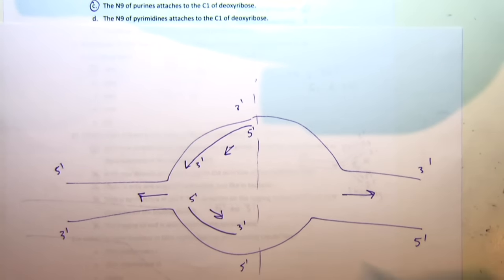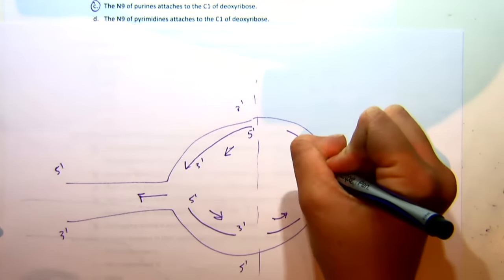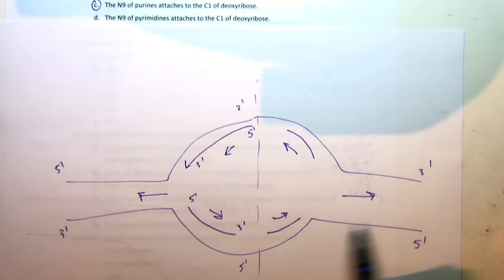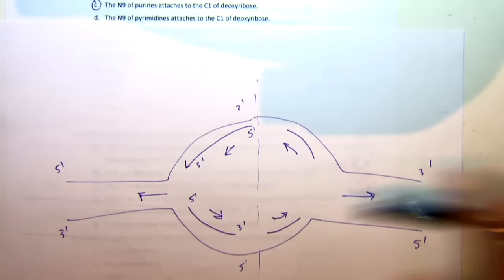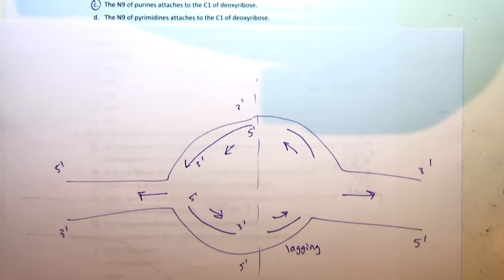But if we were on this strand, they're going to be going the same direction. But this time, since the opening is this way, that makes this the lagging strand. Oh, I'm sorry, this is the leading.